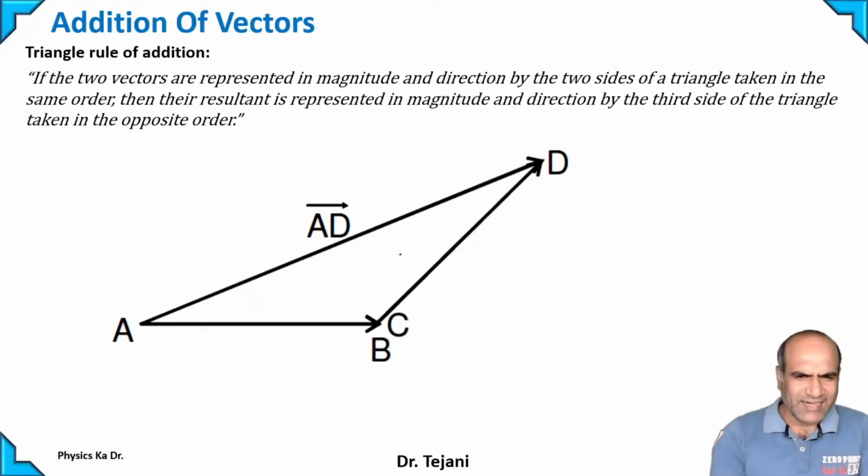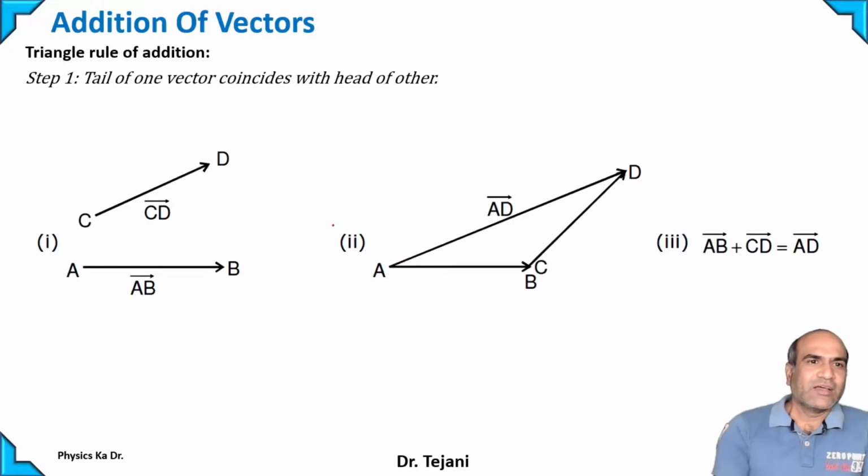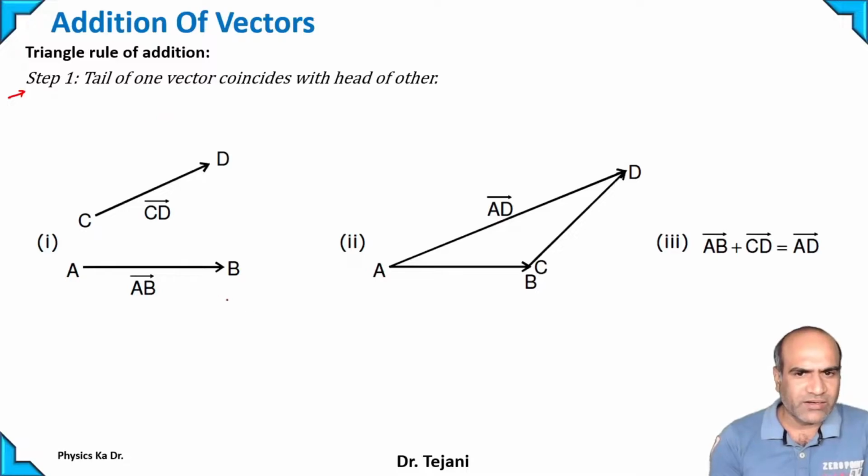So this is the triangle rule of addition. Let us understand it in more detail with steps. Step number 1: suppose two vectors AB and CD are given. The tail of one vector should coincide with the head of the other, so you need to redraw this.